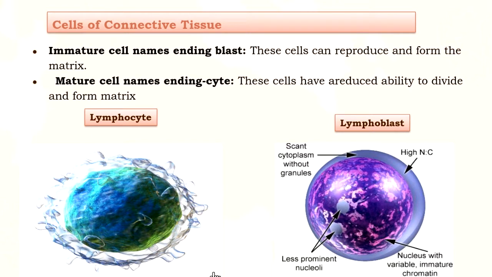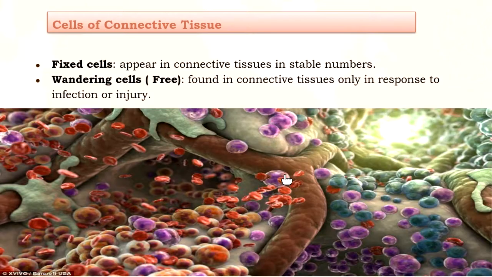Now, the third category is fixed cells. That means these cells appear in the connective tissue in a stable number. They are present in the connective tissue and they always remain stable in numbers. Wandering cells, also called free cells, are found in the connective tissue in response to infection or injury.